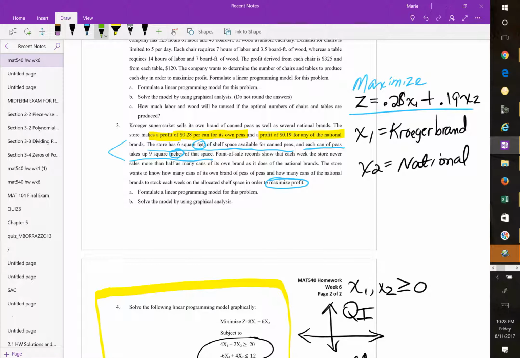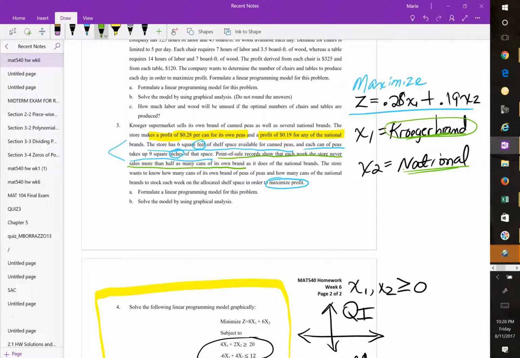Right here, there's a piece of information that you need to pay close attention to. It says point of sale records show that each week the store never sells more than half as many of its own brand. So that means that Kroger is always half in terms of sales versus the national brand. So if the national brand sells 30, Kroger sells 15. If this is 20, this is 10. You need to formulate that.